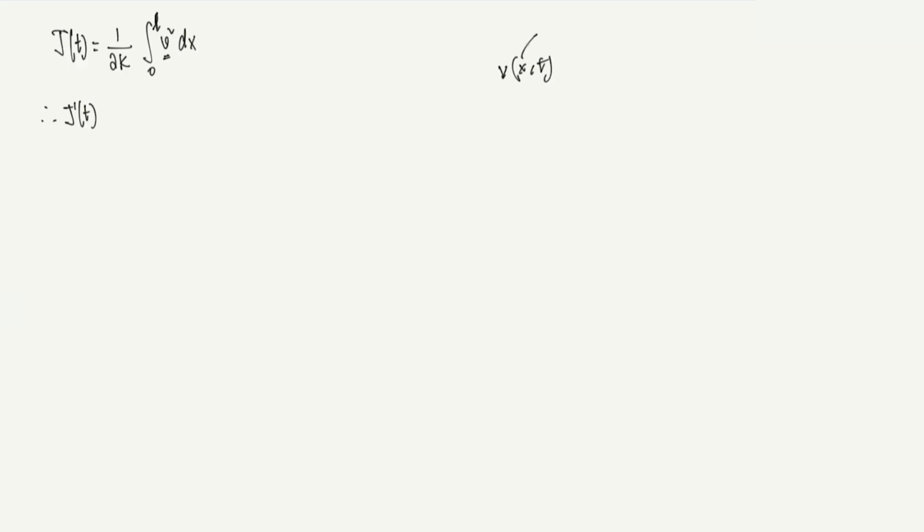Once you fix a t, v(x,t) is just a function of x. That function you are integrating with respect to x, and for a fixed t, that is a number. Then I let t run over wherever it is defined, say 0 to some capital T, and this becomes a function of t.